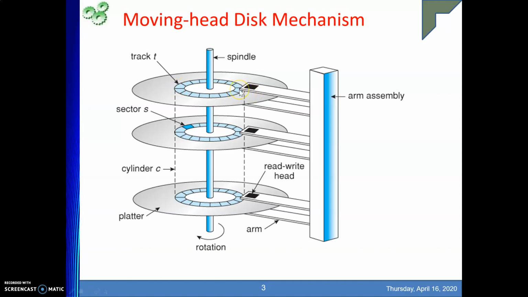Suppose it is here. Now suppose we need to read the information from some other track. Suppose the track is here, right? Then the arm needs to move backward, so we need to come to this position. So whatever time we take to make our disk arm come to the desired cylinder or track is nothing but our seek time, right?